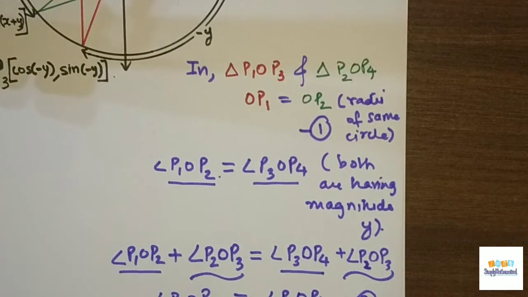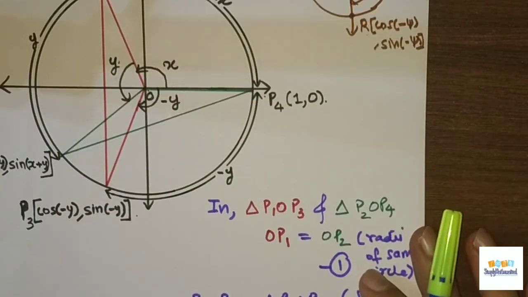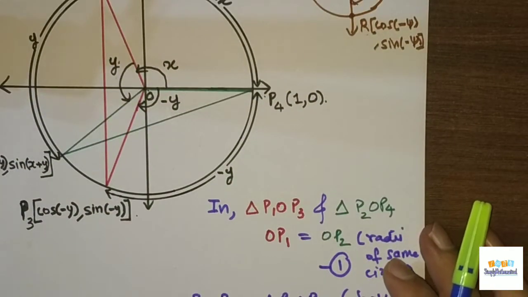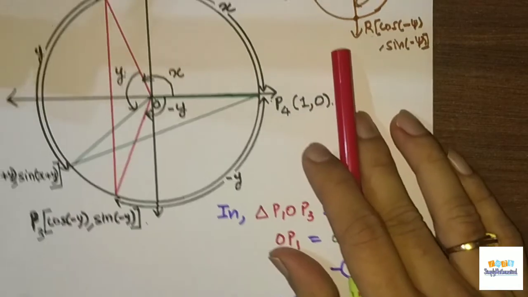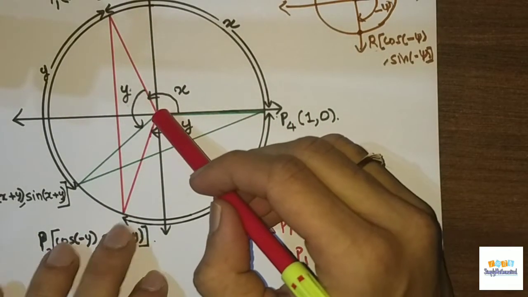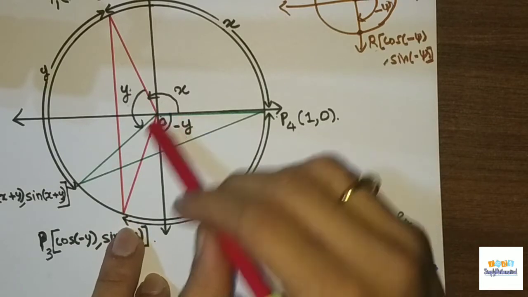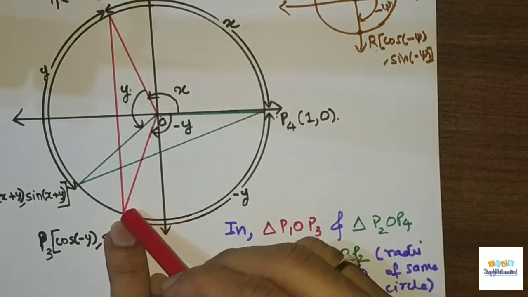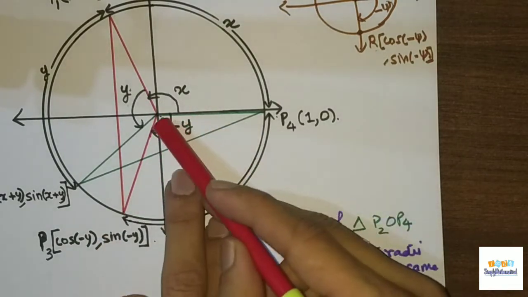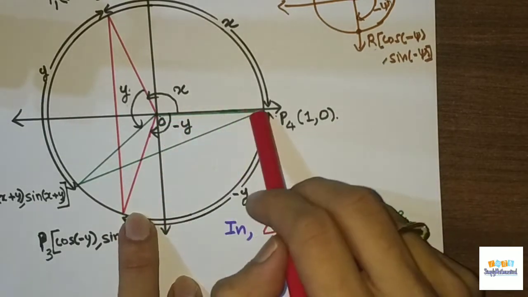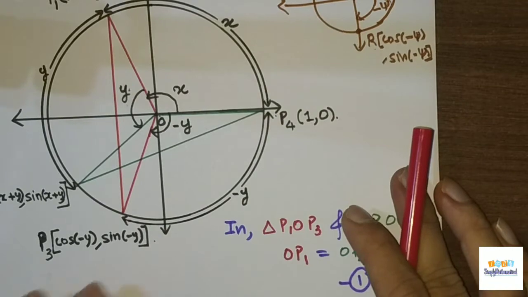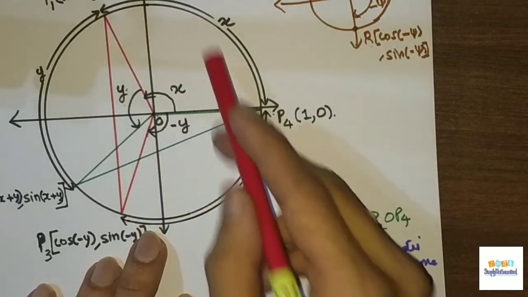And then again, if you observe, two equations we got. Now again, if you observe this, in the red triangle, OP3 will be equal to OP4. Why? Because both are again the radii of the same circle.